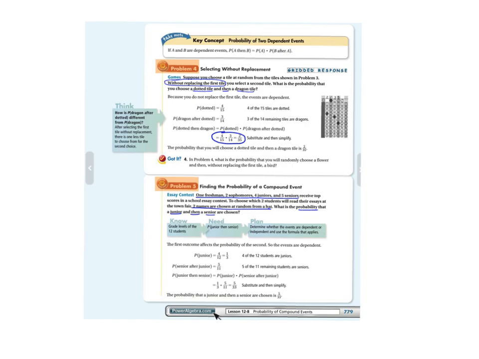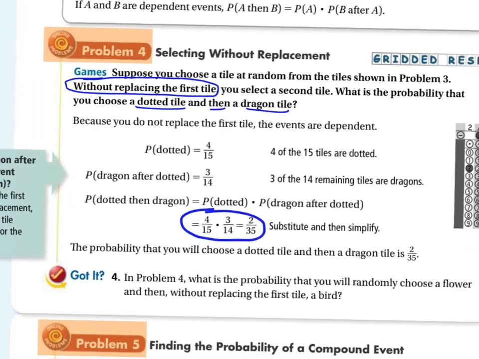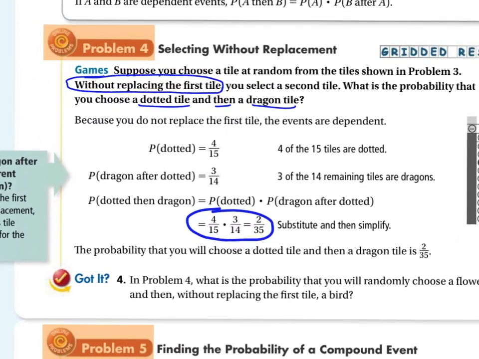So look at problem 4. Suppose you choose a tile at random from the tiles shown on problem 3. Without replacing the first tile, you select a second tile. What is the probability you choose a dotted tile and then a dragon tile? So a dotted tile, there were 4 out of 15 dotted tiles.